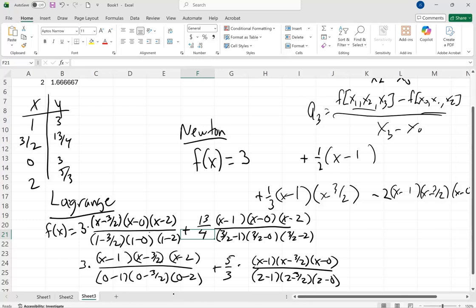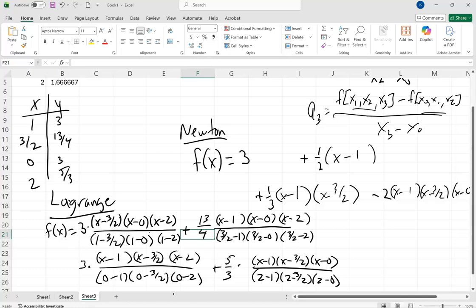Sorry, I put the x where the value should be. Are we okay with where we got both of those? If not, this is the time to ask.